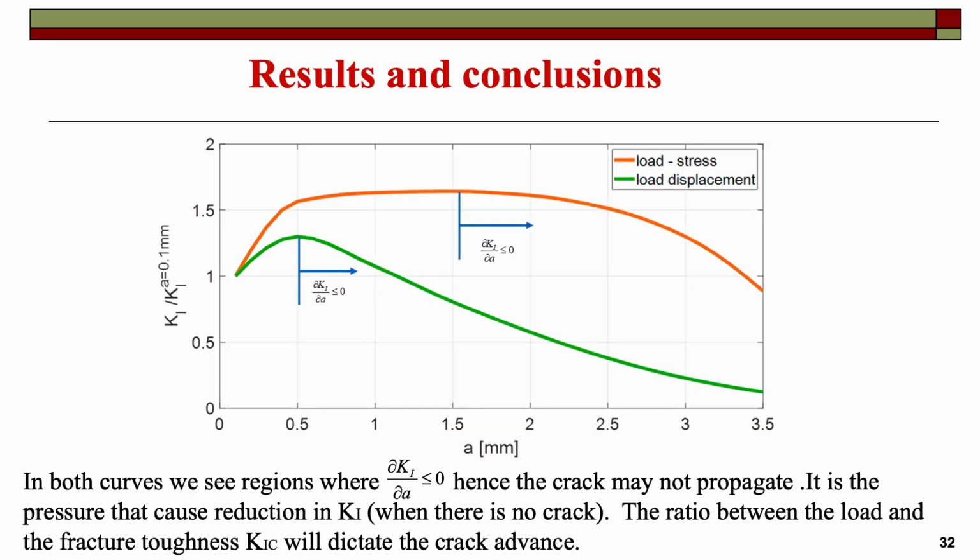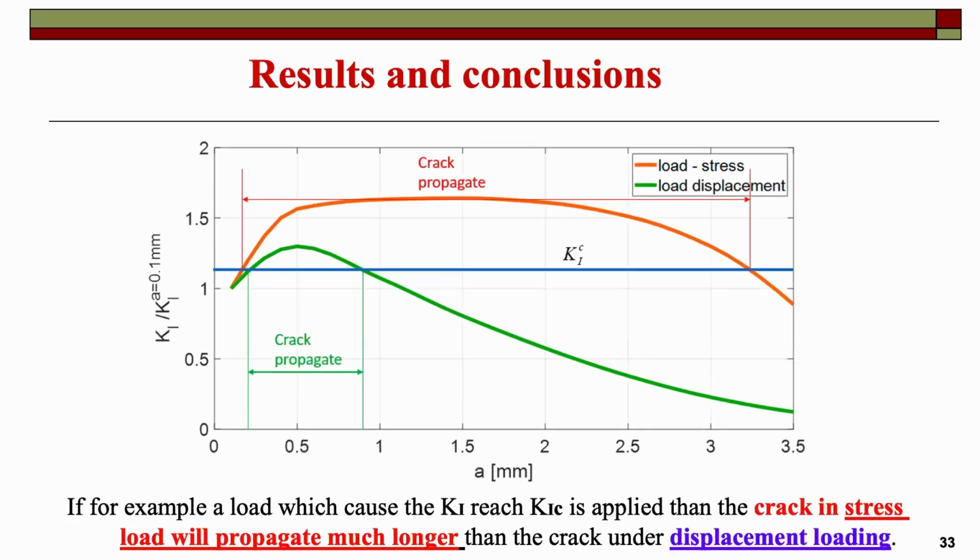It is the pressure that gives a reduction in K1 where there is no crack. The ratio between load and the fracture toughness, K1C, will dictate the crack advance. For example, if the load for K1 to reach K1C is applied, then the crack under stress load will propagate much longer than the crack under displacement loading.